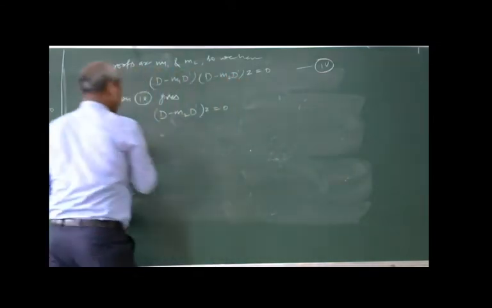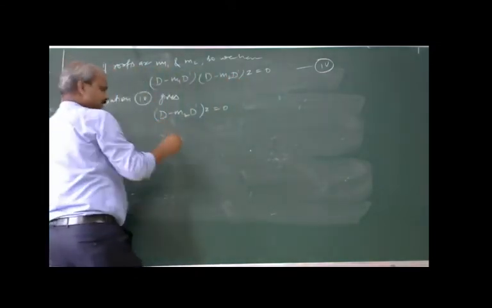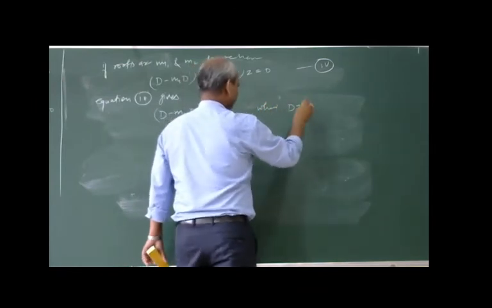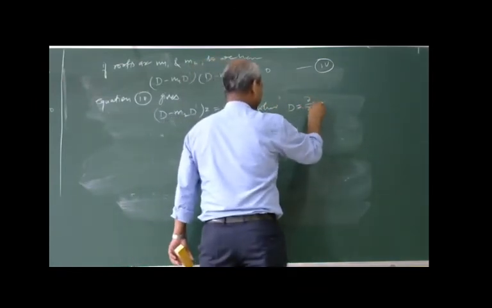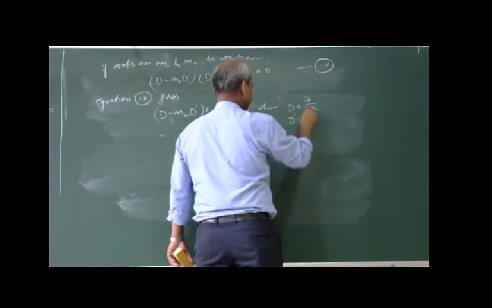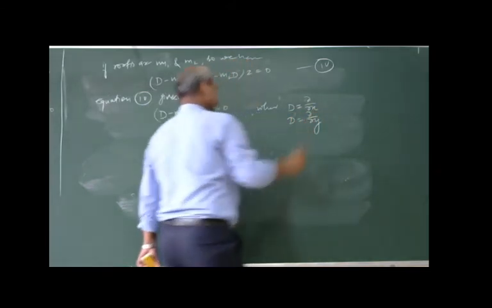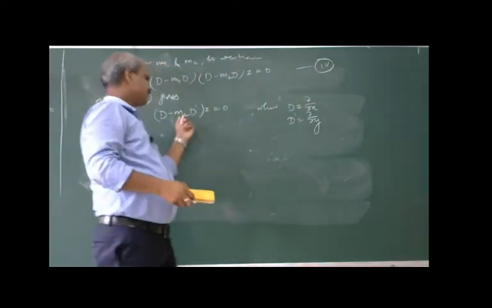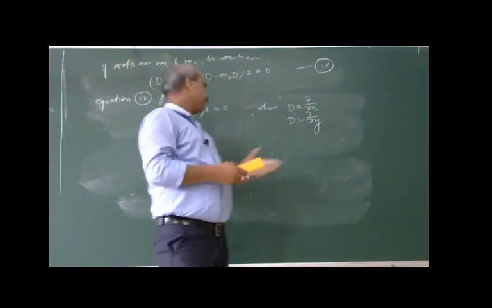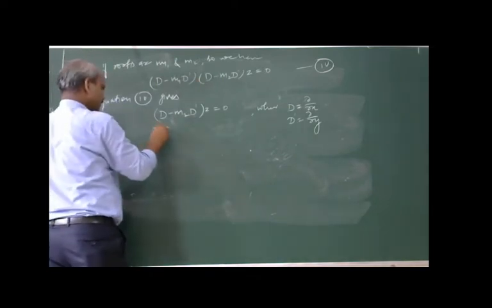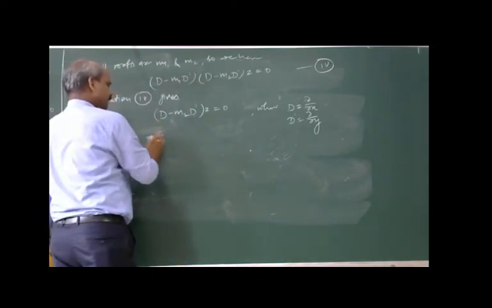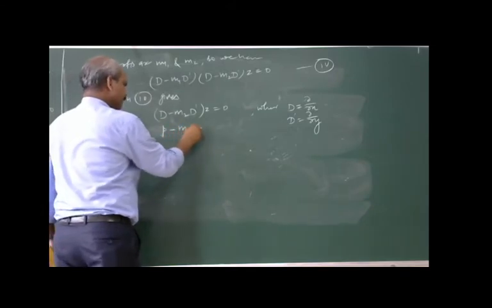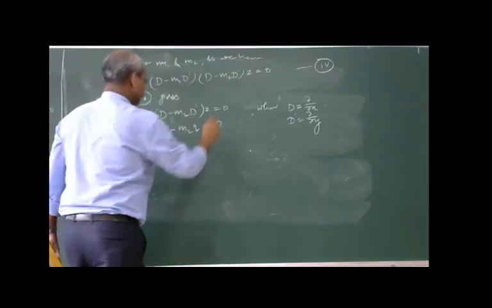We can write it like this, this D stands for, in previous class you have learned that D and D dash stand for del by del x and del by del y. So here D stands for del by del x, D dash stands for del by del y. So now here D minus m2 D dash, this equation can be p minus m2q is equal to 0.